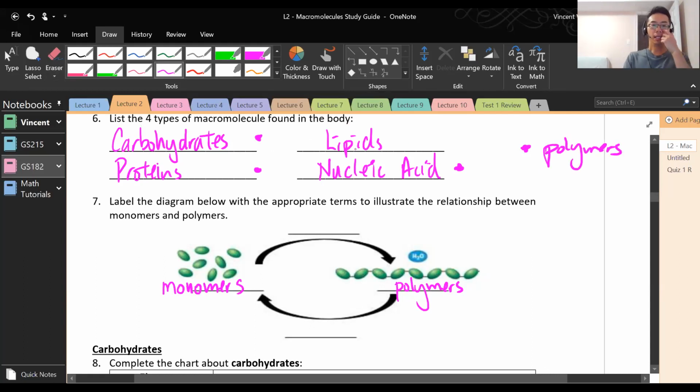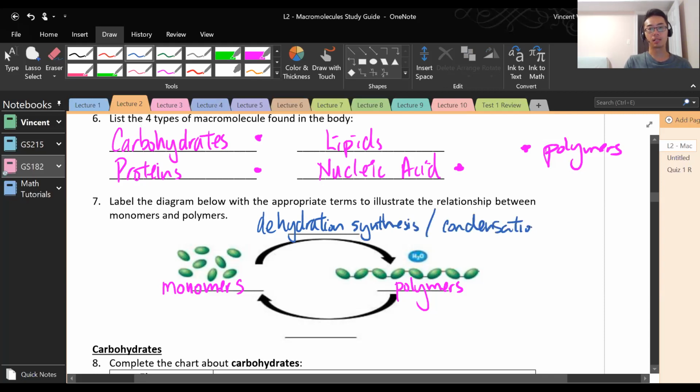Okay. So how do you link the monomers together to get the polymers? You can use a method called dehydration synthesis, or a condensation reaction. They mean the same thing. Condensation or dehydration means you remove a water molecule.